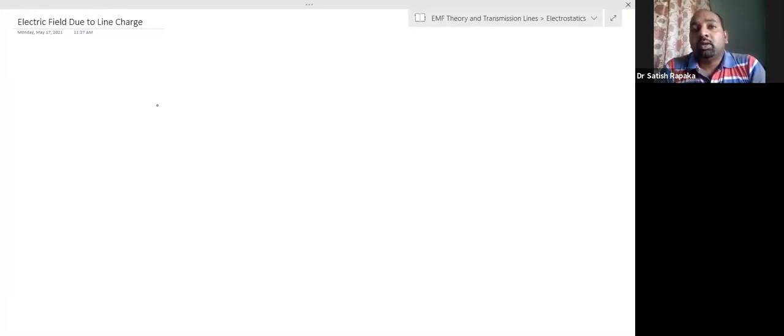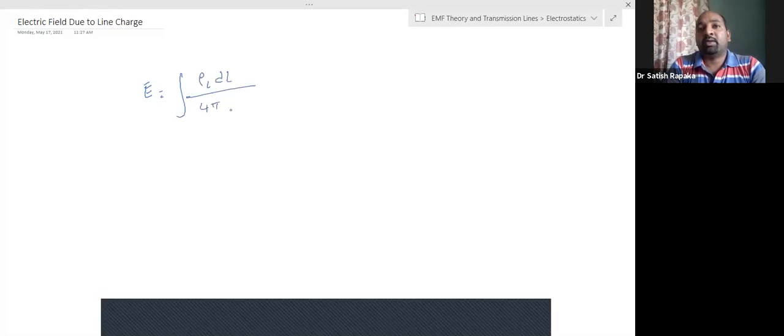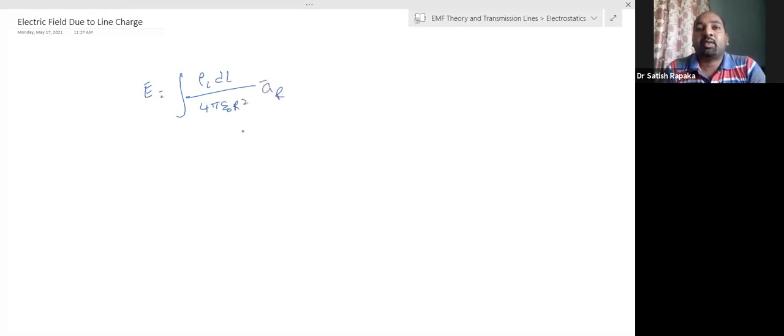As we know, previously I have given the electric field due to different charge distributions: line charge, surface charge, and volume charge. Therefore, the electric field due to line charge is given by E bar is equal to the integral of rho L dl by 4 pi epsilon naught r square AR bar.